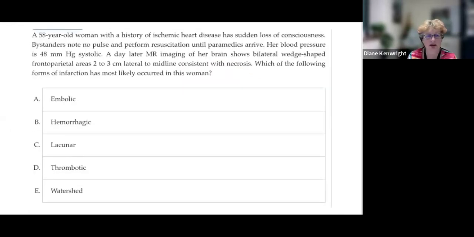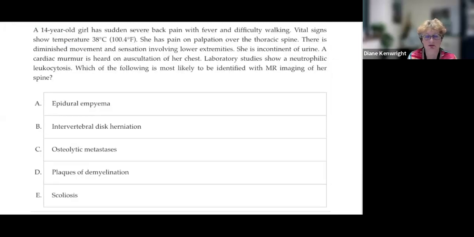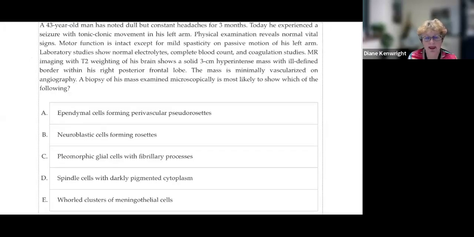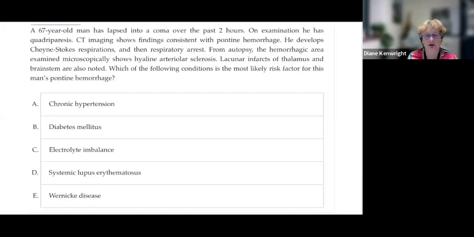So I think that he has got, here we go, whorls of meningothelial cells, because I think he's got a meningioma. Okay, we did that one.